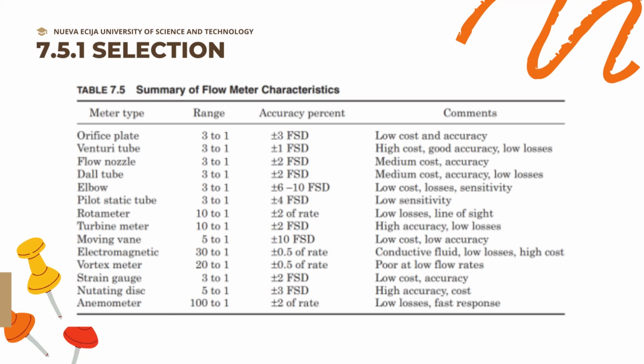Solid state anemometers are now available with good accuracy, are very small in size, and are cost effective. For open channel applications, the flume is the most accurate and best if particulates are present, but is the most expensive. Particular attention should also be given to manufacturers' specifications and application notes.